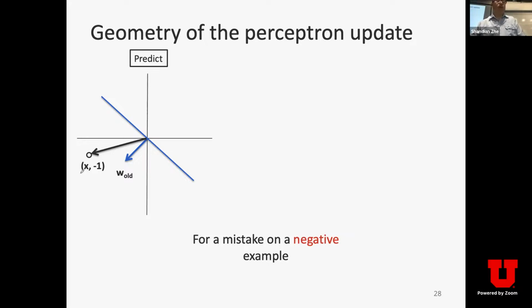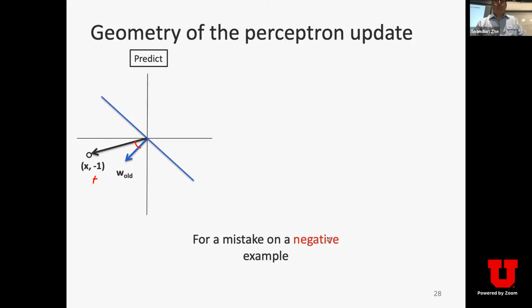Positive, right? Why? Because the angle between the example I want to predict and our model weight vector is less than 90 degrees, so the dot product will be positive. So my model will predict X as positive. But this is not true, because the true label is negative 1. So we make a mistake on a negative example.